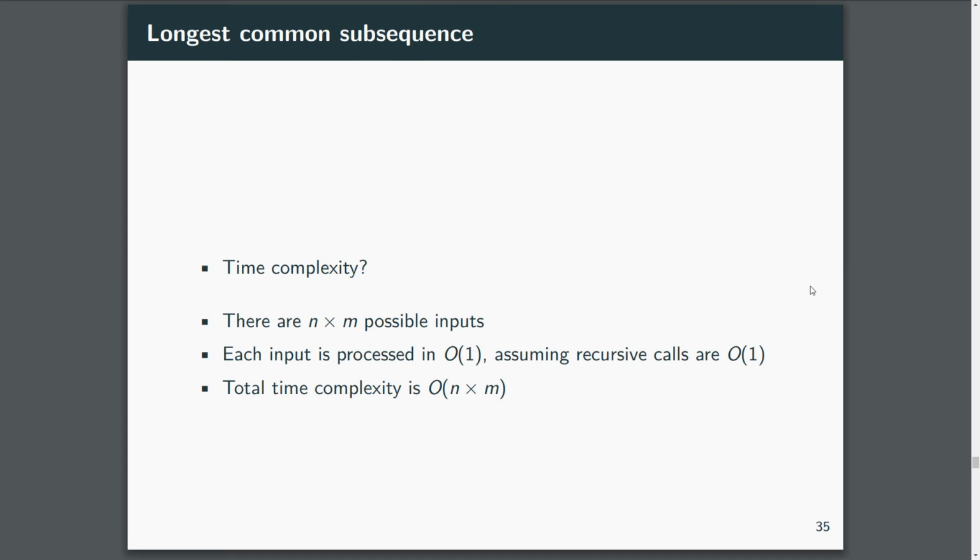So, time complexity. We have n possibilities for index i. We have m possibilities for index j. So in total, n times m possible inputs. Each input is processed in O of 1. And thus the total time complexity is O of n times m.